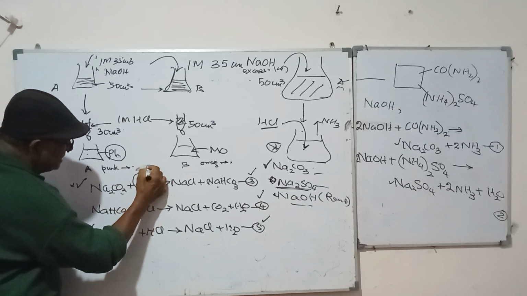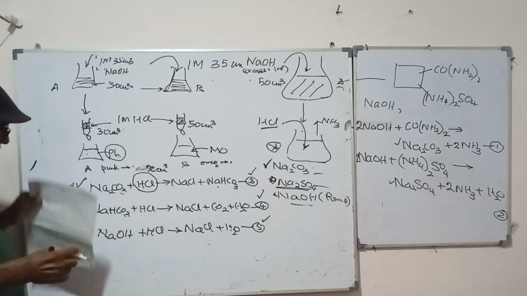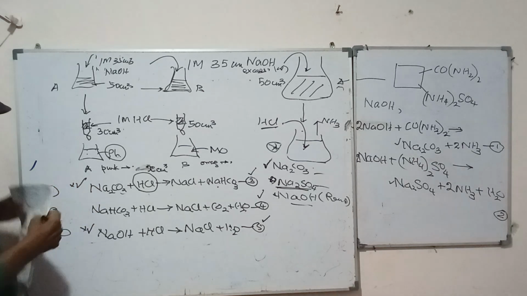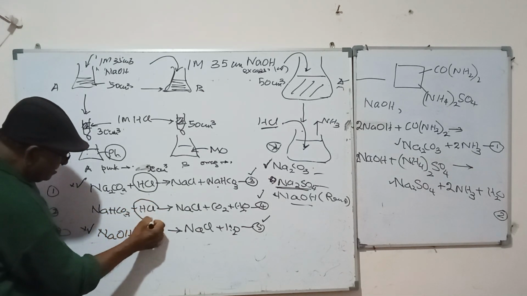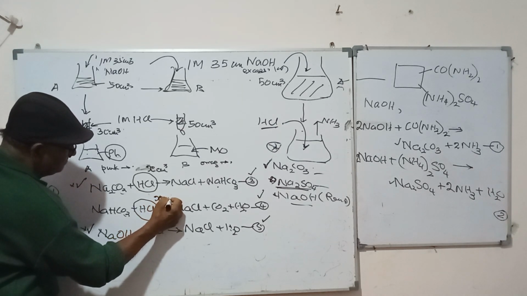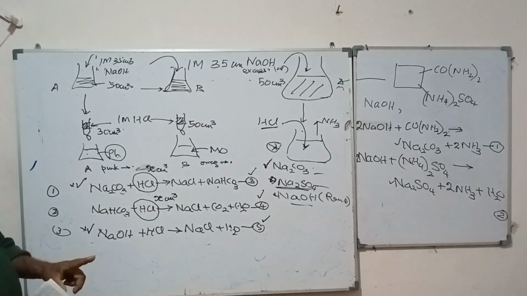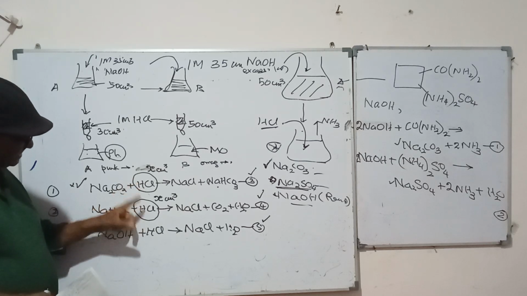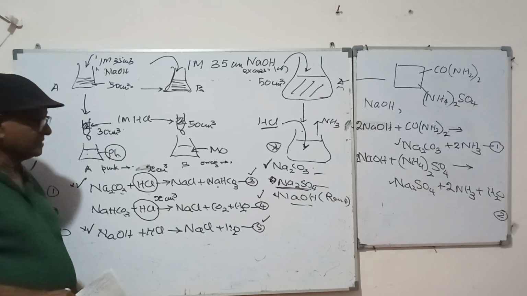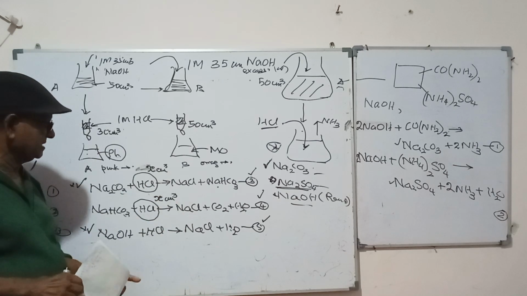If x cubic centimeter of HCl volume was used for the first reaction, the second reaction also uses HCl volume x, because according to stoichiometric ratios the first and second both have the same number of moles. Then the volumes are also the same because the same HCl solution was used.